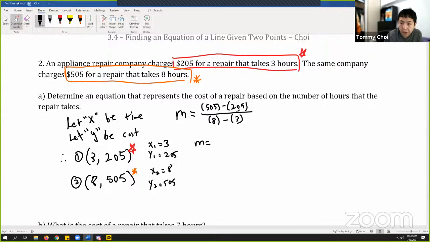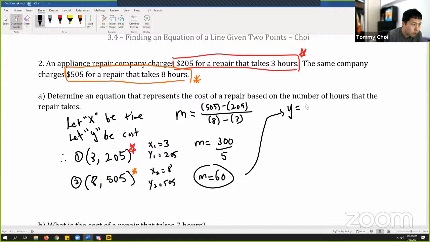In doing so, 505 minus 205 gives me 300, and 300 over 8 minus 3 is 5. So my slope, 300 divided by 5, is 60. Perfect. We have our slope. So that allows us to plug in our slope into our equation. So 60x plus b.